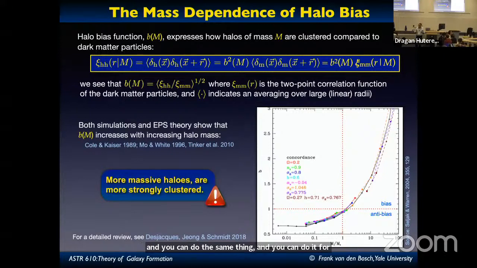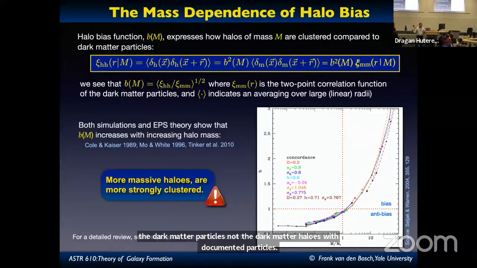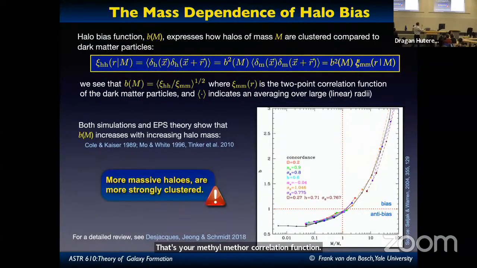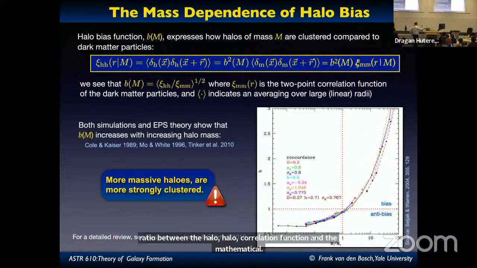That's your matter-matter correlation function, which is just the Fourier transform of the matter power spectrum. And it turns out that the halo correlation function is not the same as the matter-matter one. It is boosted by a bias parameter, b(M), defined by this equation: the ratio between the halo-halo correlation function and the matter-matter correlation function. So you can go into your simulation and measure that.